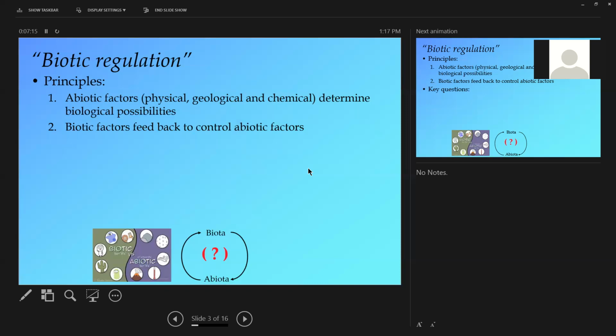Once biology occupies a site, the biology actually exerts some control over the abiotic conditions. As a forest begins to mature, it creates shade, it changes the internal environment within that forest ecosystem. That shade affects rates of decomposition.